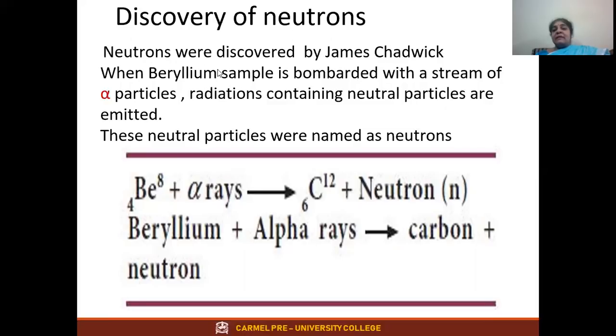James Chadwick discovered neutrons. Now we are done with three particles: we understood the discovery of electrons, protons, and neutrons. These three are called subatomic or fundamental particles of the atom.